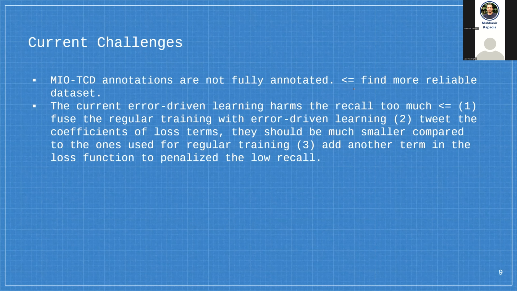So I think that's another factor harming the recall. Also, the recall was harmed too much. We have some ideas to fix that. First, we can think about fusing the regular training with the error-driven learning, because if we have the regular annotations, it may prevent the model from getting lower recall.